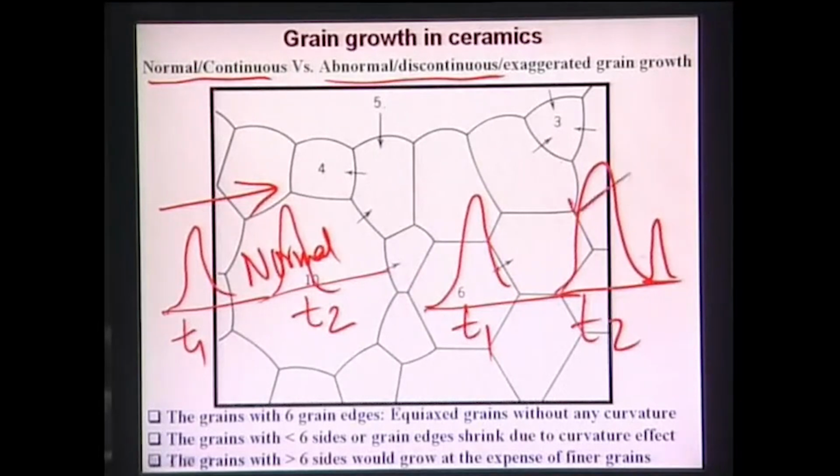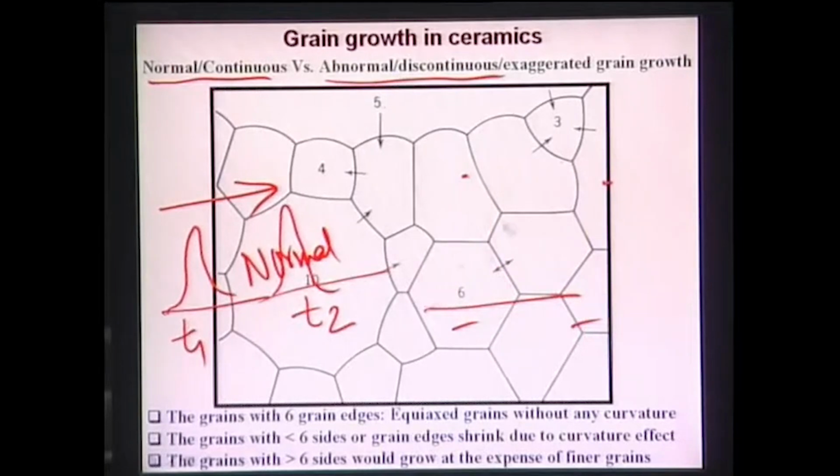You have one mode here and you have one mode here. What it means is that the average grain size not only increases with time, but also there are a few grains of much coarser size that appear as you sinter for a longer time period. So that is the definition of bimodal grain growth.